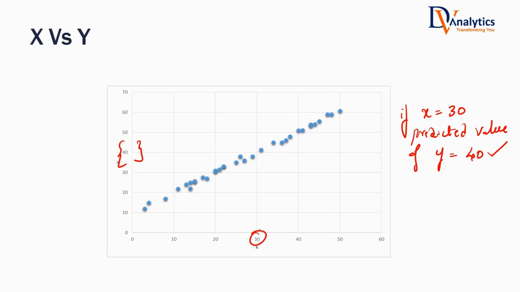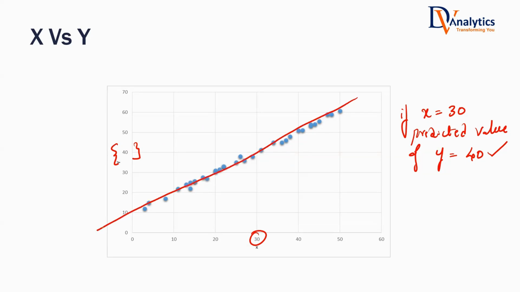Now, how come all of us came to 40 only? Everybody said 40. That means all of us are following a certain procedure to arrive at it. I want you to take one step back and think about that procedure. What is the procedure that you followed to predict the value of Y as 40? I think all of us have done this. You have imagined a line through this data.